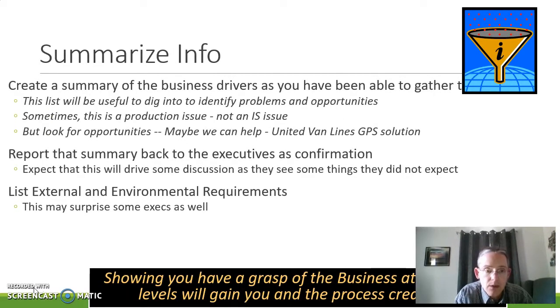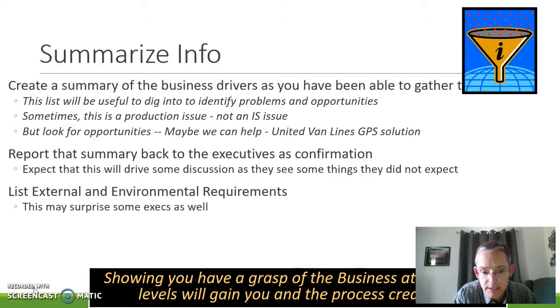Summarize all of that. Once you've gone through and gotten answers to all those questions, you create a summary of business drivers that you've been able to gather. This is going to dig into issues and opportunities. Report that back to the executives as confirmation. This is sometimes an interesting conversation because a lot of folks aren't really paying attention to the overall business. They're focused on their particular department or their particular function. But we've got to get this back to get confirmation and understand external environmental requirements.